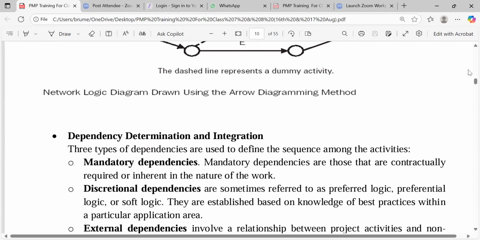Why is the other one not like that? I told us about three different kinds of dependencies, right? Mandatory dependency, discretionary dependency, and external dependencies. So, Nevik, can you remember what I talked about mandatory dependencies? You may read from the board and explain if you cannot remember.